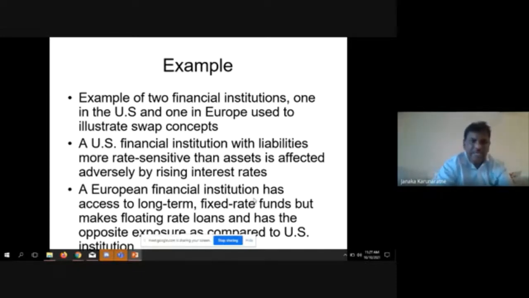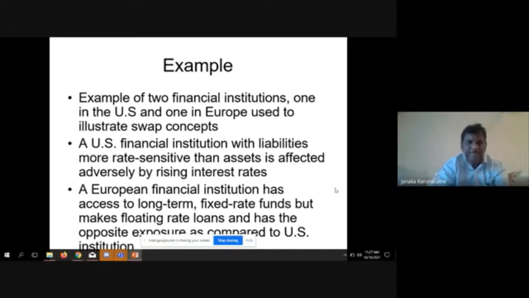Now take another financial institution, European, which has access to long-term fixed rate funds but makes floating rate loans. That European financial institution has fixed rate funds but makes floating rate loans, so it has the opposite exposure compared to the US institution. They have fixed rate liabilities and floating rate loans.